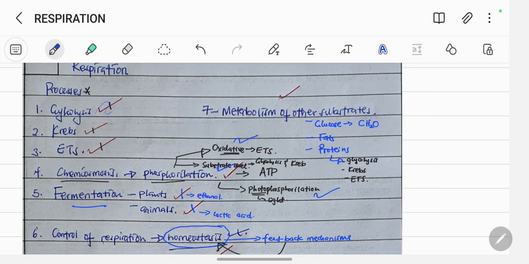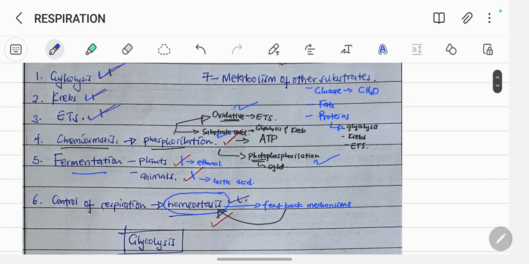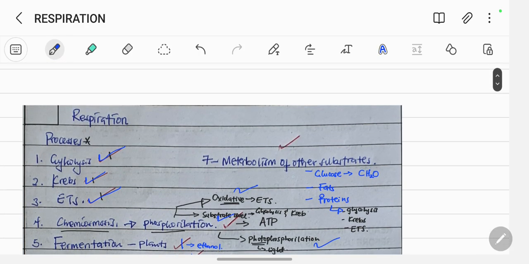We've covered glycolysis, Krebs, electron transport system, phosphorylations, plant and animal fermentation, control of respiration was the last, and metabolism of other substrates. That one is what I called the interconversions of those molecules. So that is it.